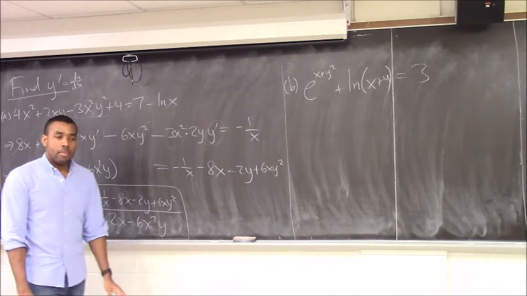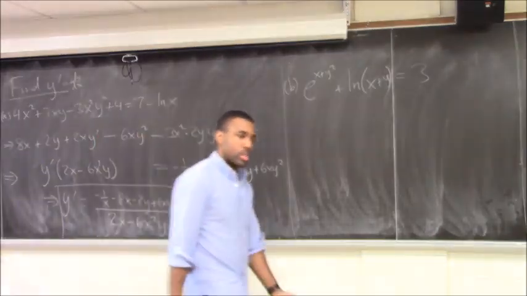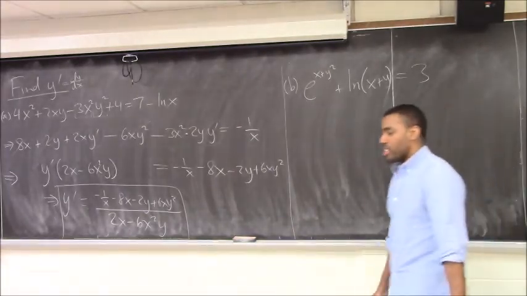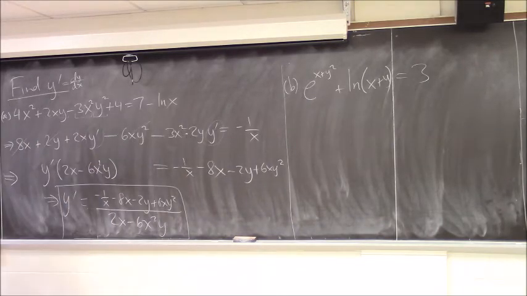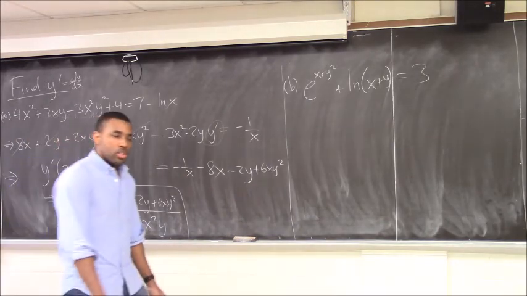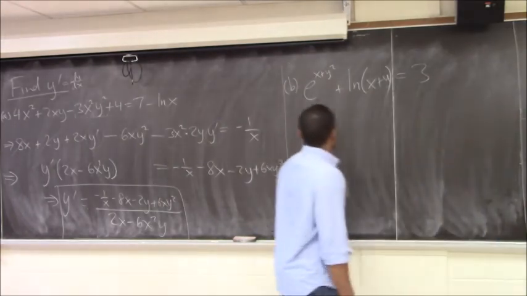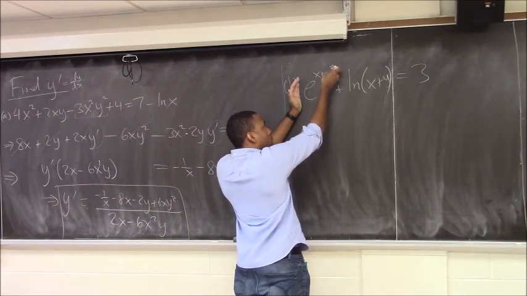So this is what I mean by if you're confused as to how to proceed, it's because you don't know the rules well enough. Being able to regurgitate a rule is one level, and that's the minimum you should be able to do. But you need to understand that rule in terms of a template, right? Here, if I'm differentiating this, what am I thinking about? It's e to a power.